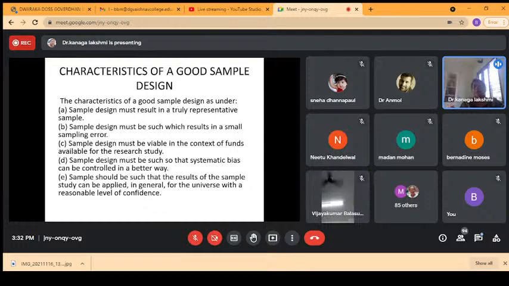The sample design must be such that systematic bias can be controlled in a better way. For example, if you go for a census survey over each and every unit of the item you are analyzing, there is a chance of bias entering into the system, so it has to be controlled.